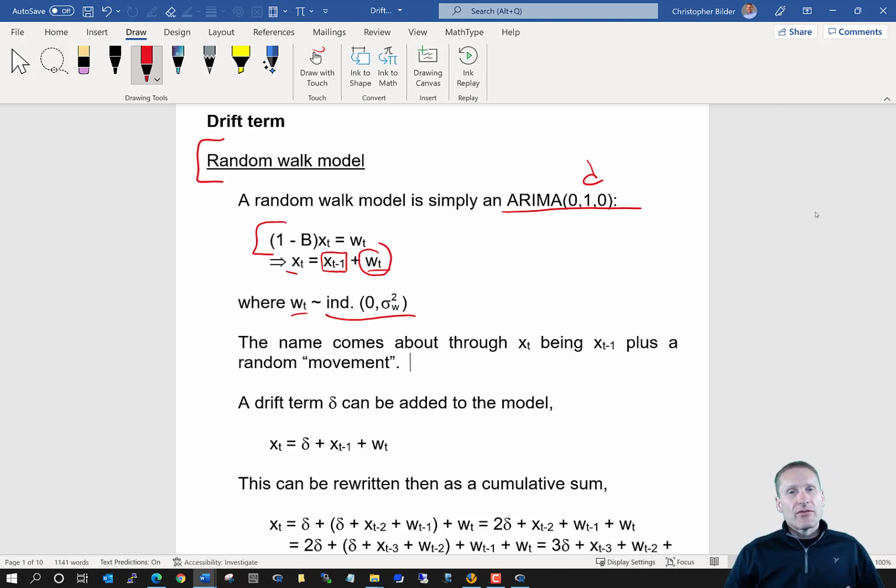Thus you can think of it as a random walk. You are randomly walking in a variety of different directions depending upon what that random variable W_t is observed to be.